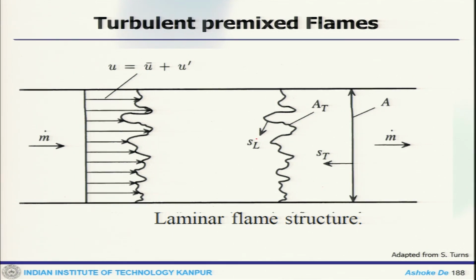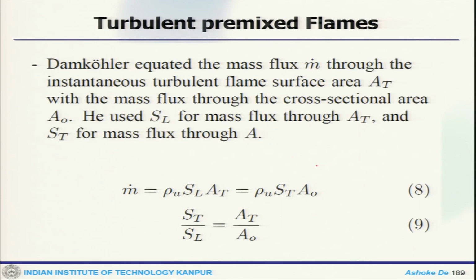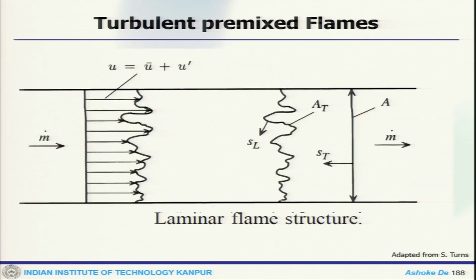The laminar flame velocity moves like this, and if I take this surface, this is how the turbulent flame front would be acting. By equating the mass flux through the instantaneous turbulent flame surface area, we can write m dot equals rho unburned SL AT equals rho unburned ST A naught.